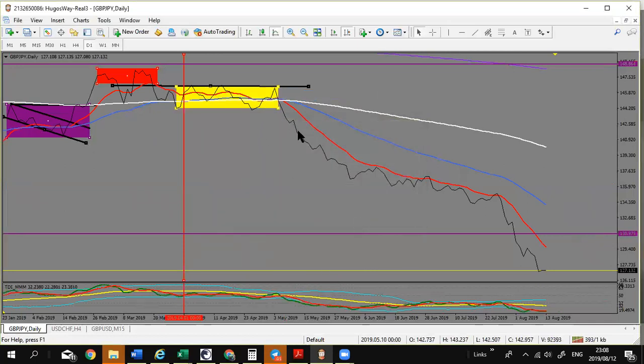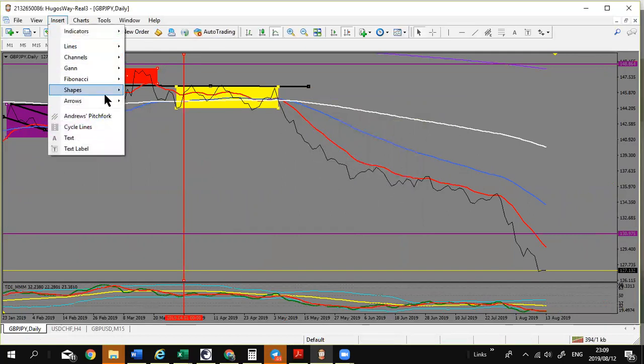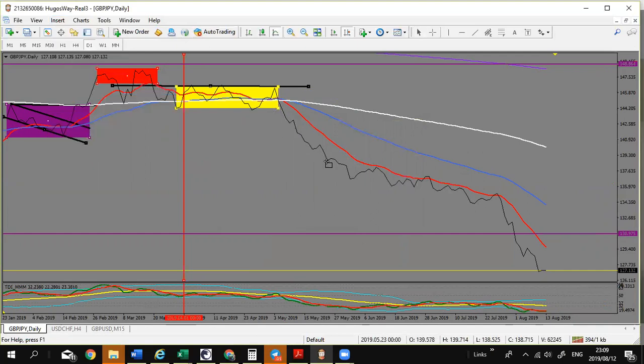And then you have 1, 2, 3 pushes to the low. And with the longest consolidation, 1, 2, 3.